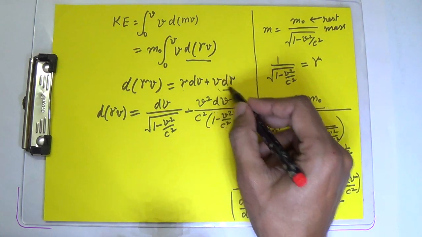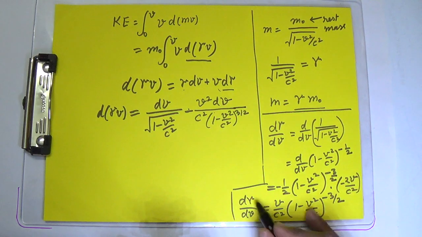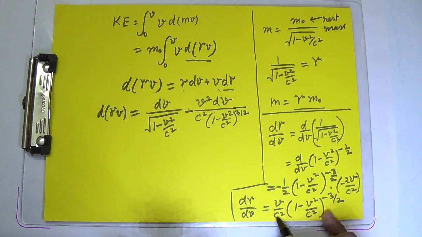Now I am putting the value of this d gamma from here. This is d gamma upon dv, equal to this factor, so d gamma will be equal to this factor multiplied by dv.